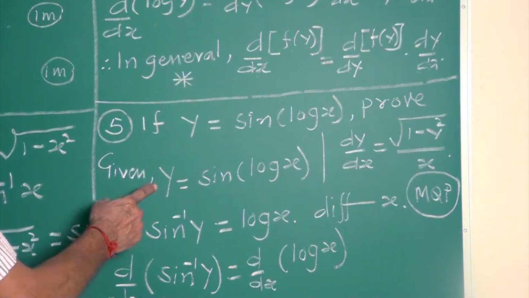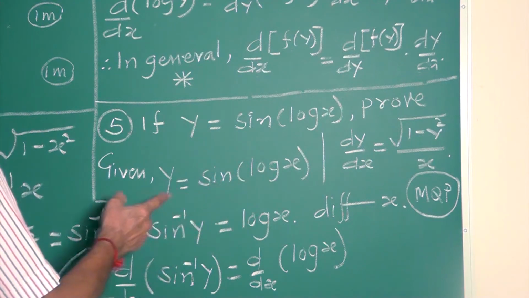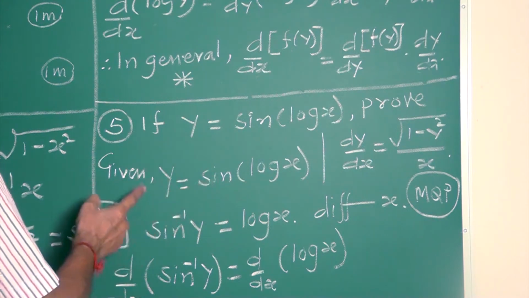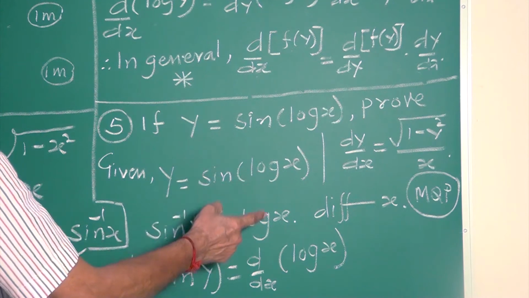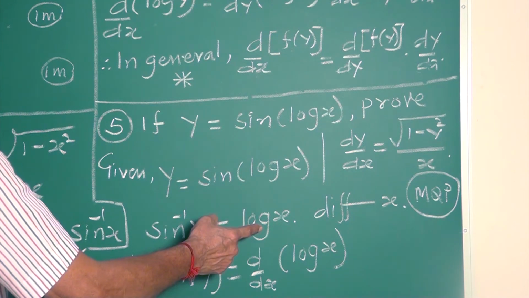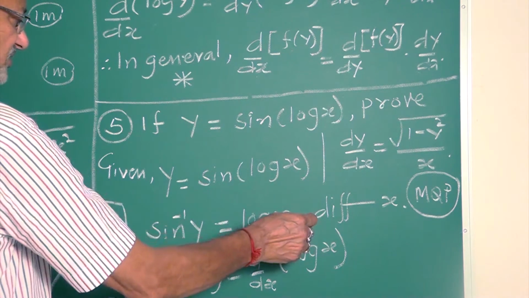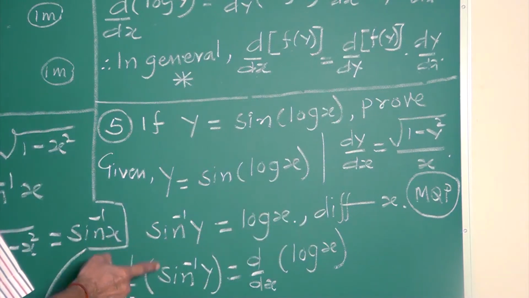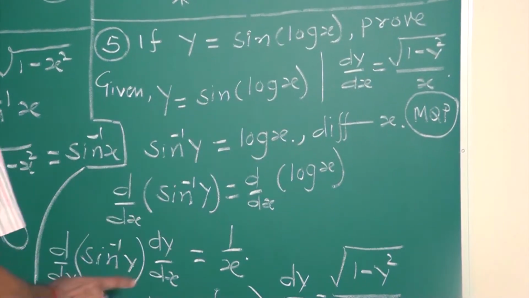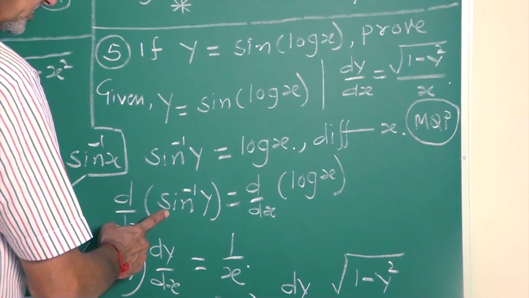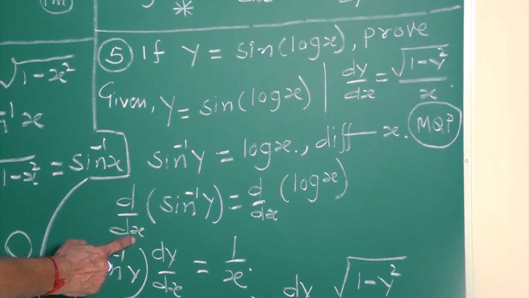Yes, my friend, given y equal to sin log x. Taking sin to this side, it becomes sin inverse y equal to log x. Differentiate with respect to x. Derivative of LHS equal to derivative of RHS. You are differentiating a function of y with respect to x.